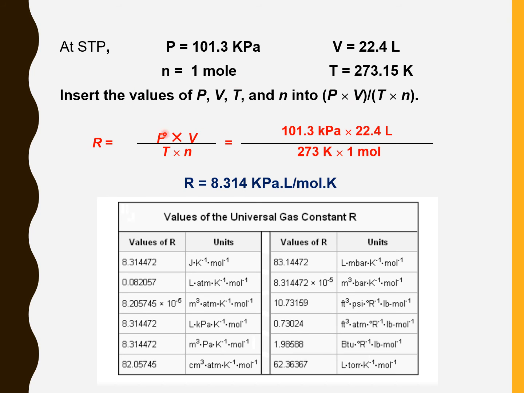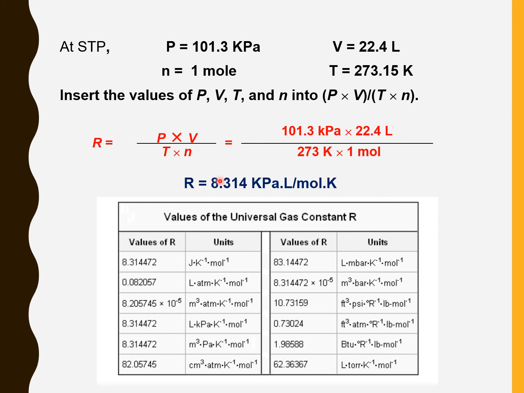When you substitute these values, you get the R value: R = 8.314 kilopascals times liters divided by moles per Kelvin.